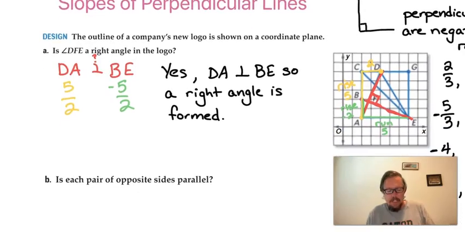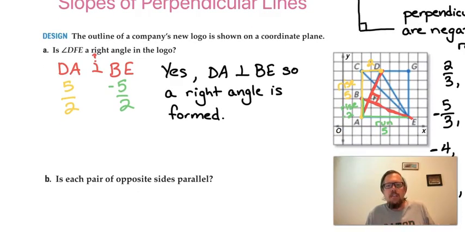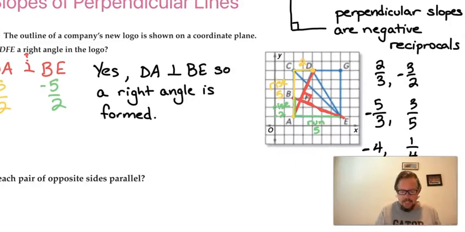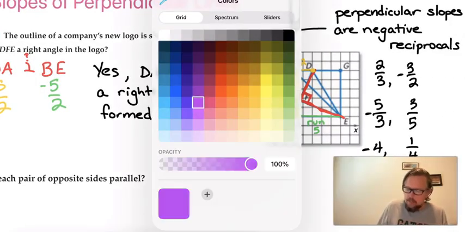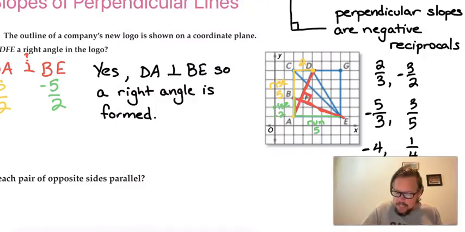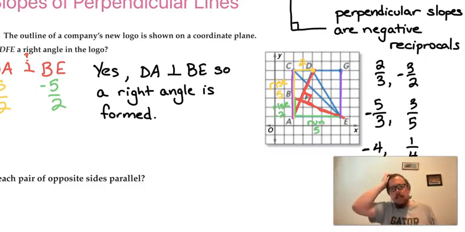Now, part B here says, is each pair of opposite sides parallel? So what it's asking, let me switch colors again. Let's go with purple here. It's asking, is side CA parallel to side GE? And then it's also asking, are the top and bottom sides parallel as well?